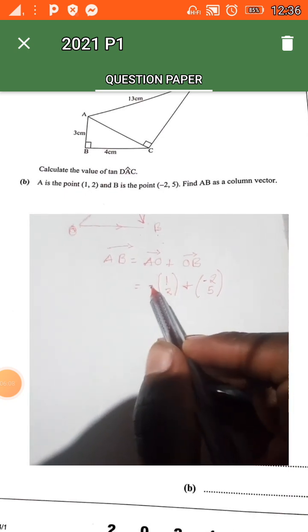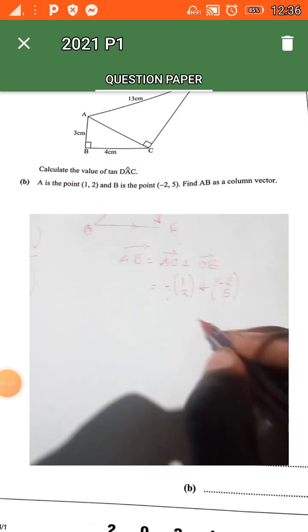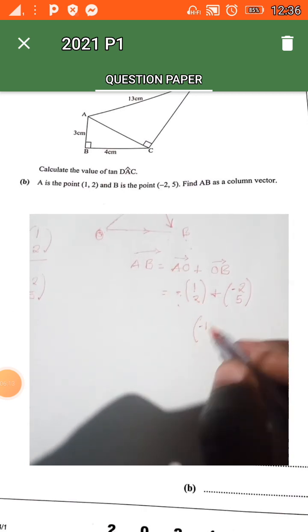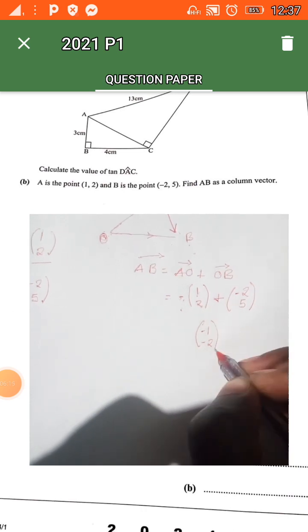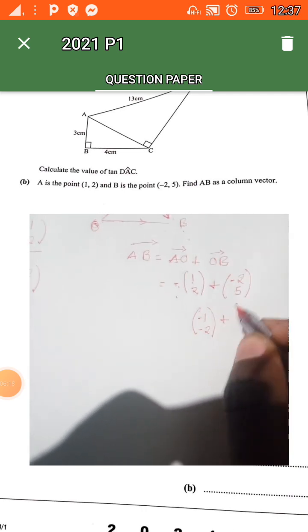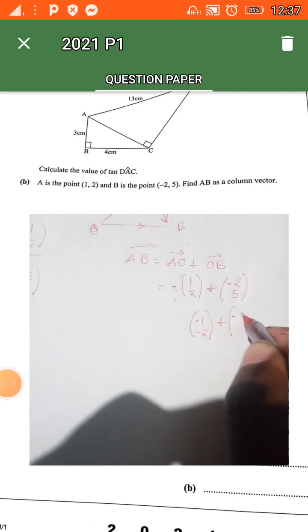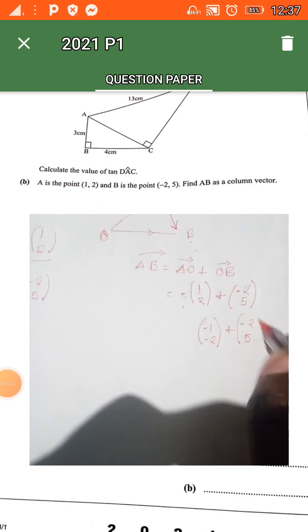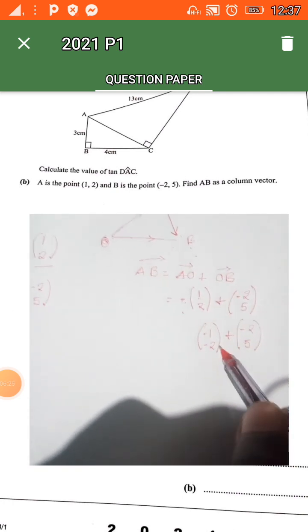Now multiply the negative value throughout this element. So negative times 1 is negative 1. Negative times 2 is negative 2. Plus negative 2, 5. Then just do the simple addition.